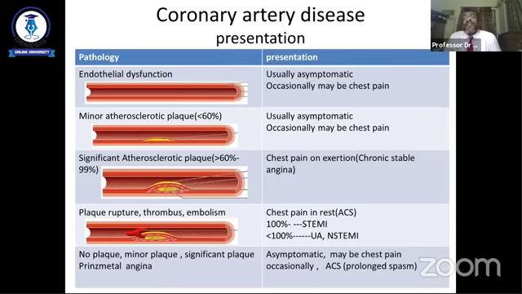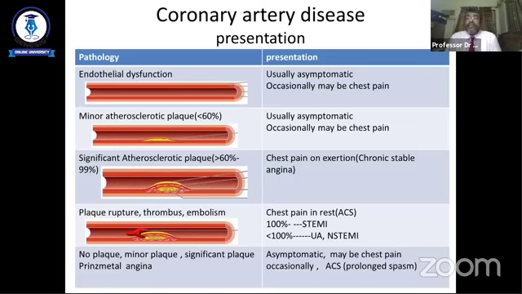Depending on the availability of the cath lab, primary PCI is the gold standard treatment for the patient with acute ST elevated MI. But if the cath lab or primary PCI facility is not available, we have the option of thrombolytics.